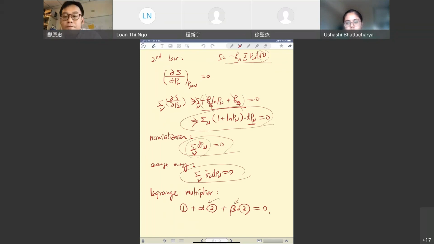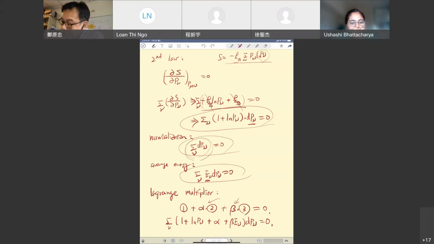So we solve this for our p nu. And how do we do this? We just plug in. Those three equations are quite simple. The first one is the summation over nu of 1 plus natural log p nu plus alpha plus beta E nu, times dp nu, must be 0.